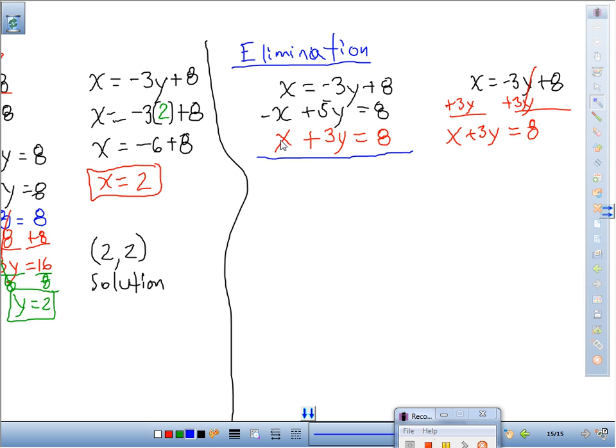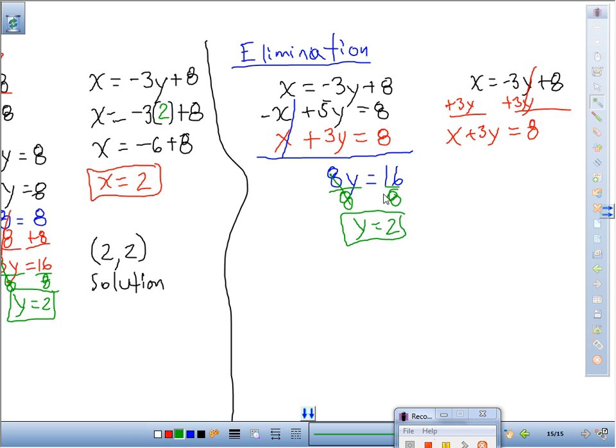What is negative x plus x? 0. We're left with 8y equals 16, and at the end we divide by 8. Y is equal to 2.